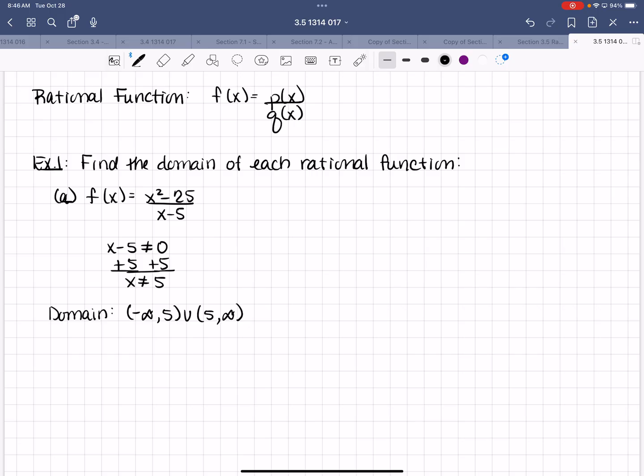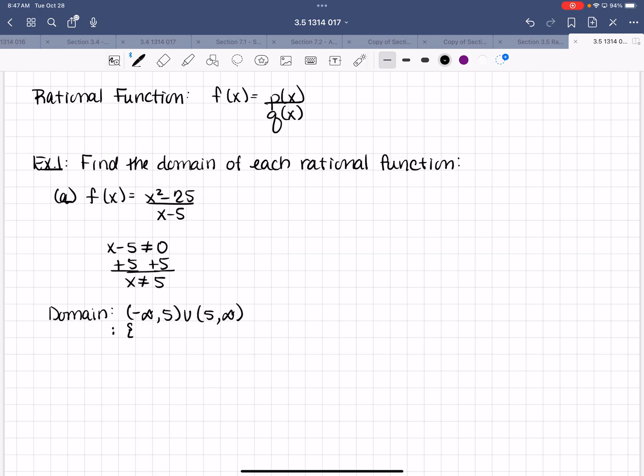Remember that we need to make sure and use those parentheses there, because it doesn't actually equal 5. You can't be there. Because the function is undefined there. So we have to use parentheses. If they ask you for it in set builder notation, remember set builder is the one that has the curly braces.